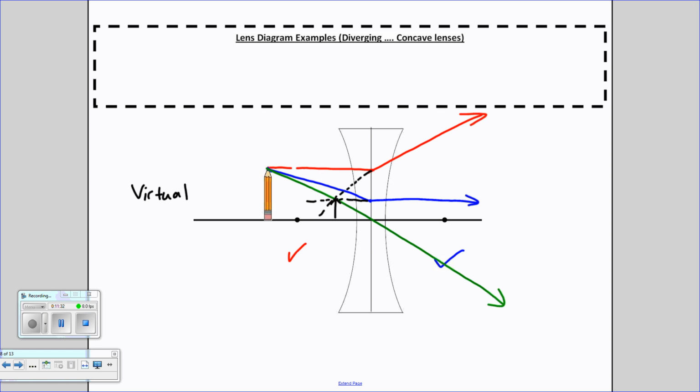If it is virtual, it's upright. It is also, by very appearance, upright. And smaller. And every diverging lens will look exactly like this. So they are unique from converging lenses. They are, however, not unique from themselves. Okay?